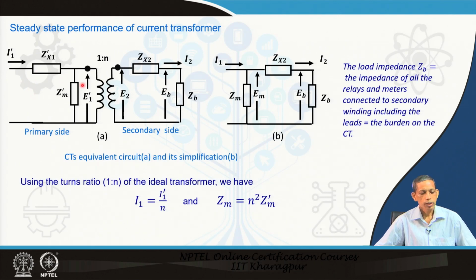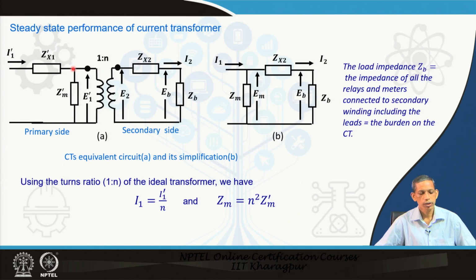Now, we refer everything to the secondary, because our measurement side is the secondary. So, the equivalent circuit becomes Zm, I1, Zx2, I2 and Zb, everything referred to the secondary. We neglect Zx1 prime here and do not include it, because, as I mentioned, the current is independent of the CT parameters and depends on the system condition.